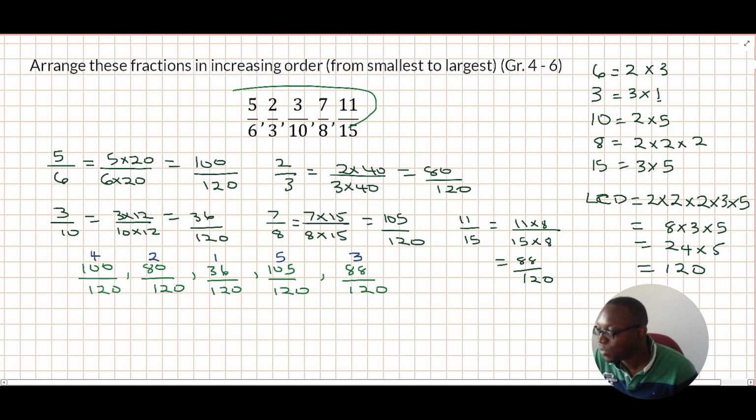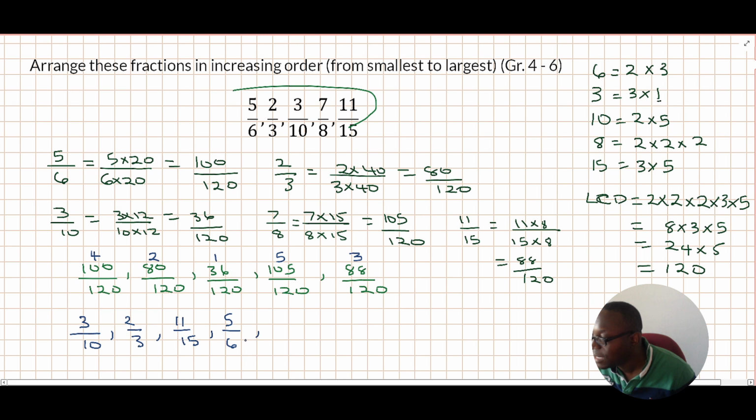So now we're going to replace these with the original fractions. The smallest one is 36 over 120, which is 3 over 10. The next one is 80 over 120, which is 2/3. The next one is 88 over 120, which gives us 11 over 15. The one after that is 100 over 120, which gives us 5 over 6.